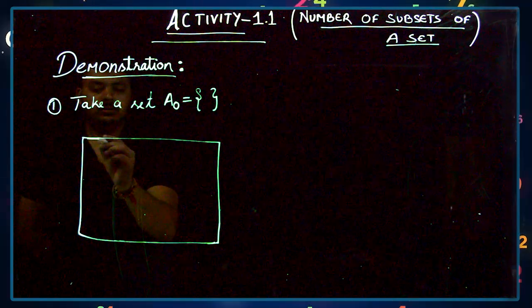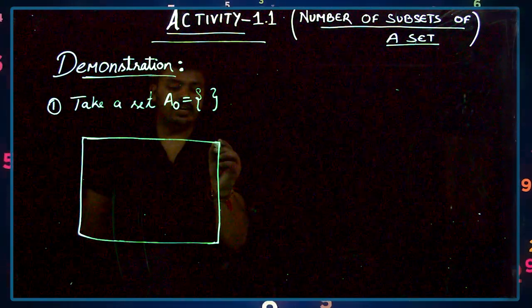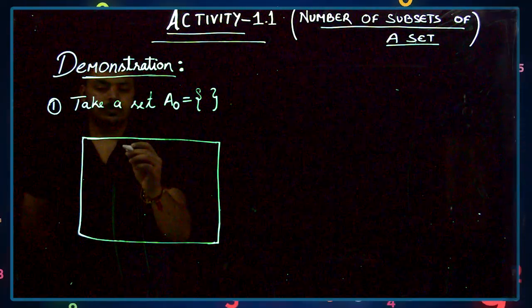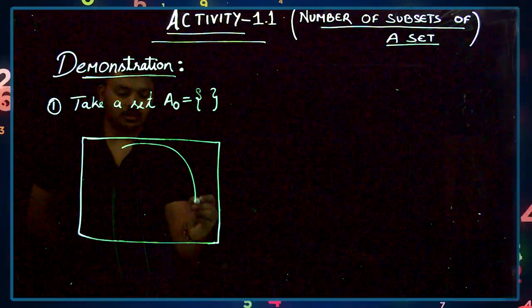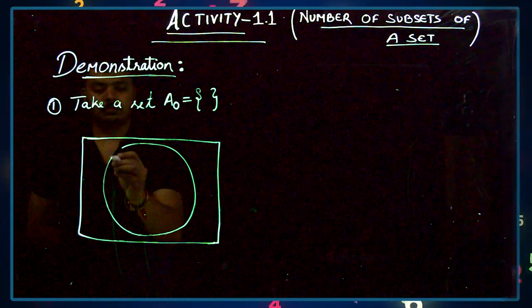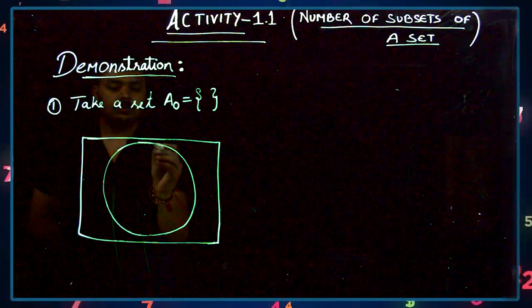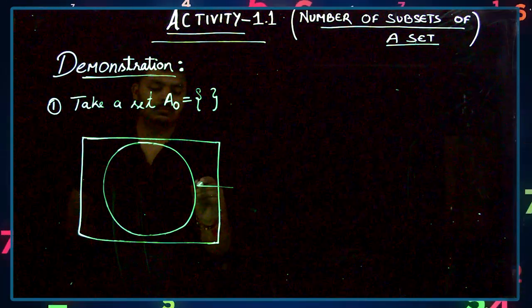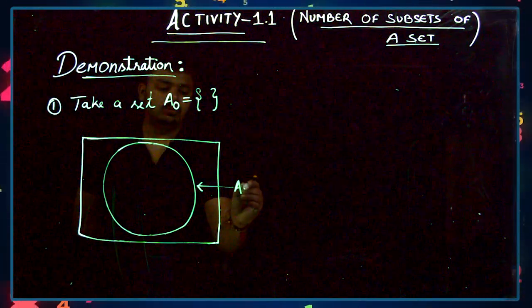This rectangle is considered to be a universal set, and this is our set A0.